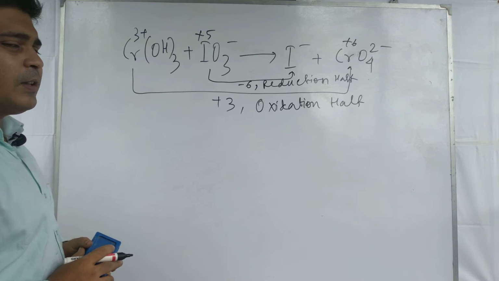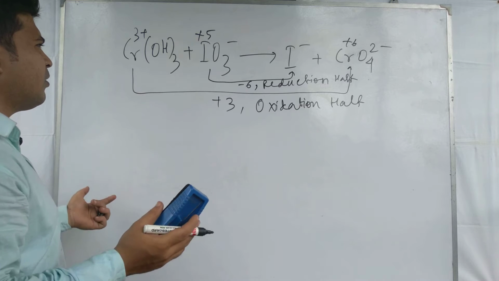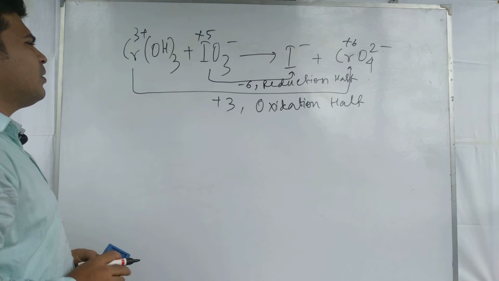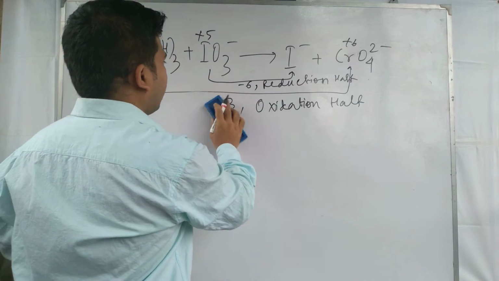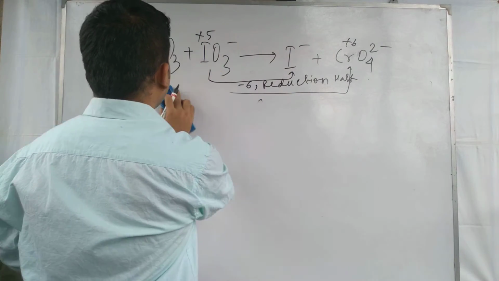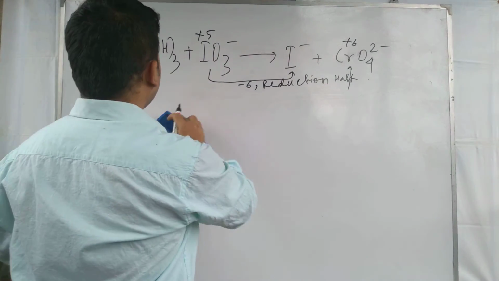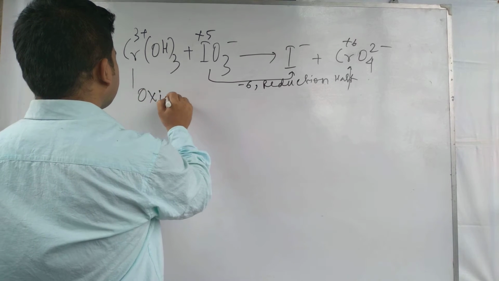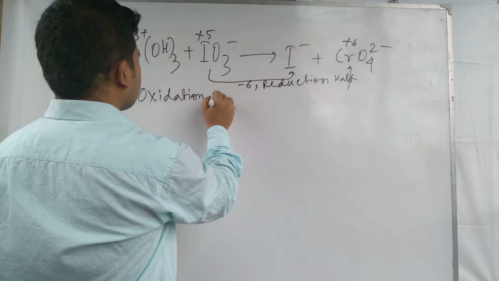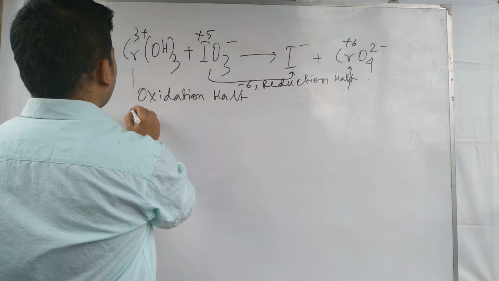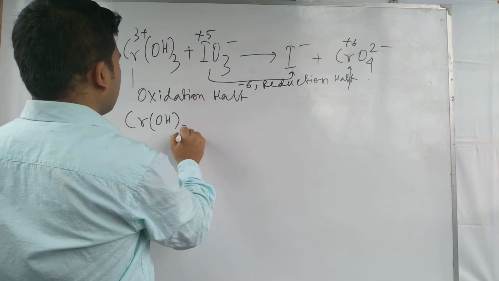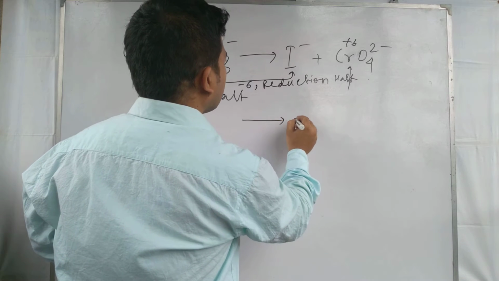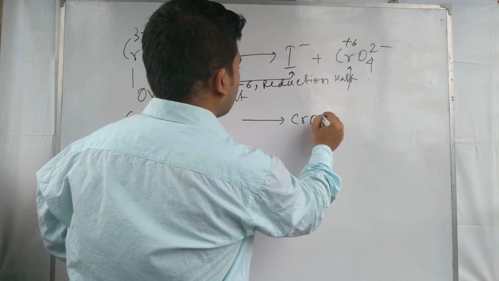And after finding the oxidation and reduction half, we successfully find out what is the oxidation half and what is the reduction half. Okay, so we write the oxidation half reaction here. Our oxidation half reaction is Cr(OH)3 to CrO4 2 minus.